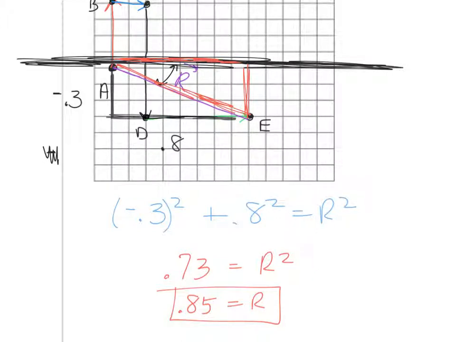Put 0.3 here, put 0.8 up here, because these triangles are identical, and calculate that angle. Or you could have just calculated this angle and say that these are the same, because these are parallel, and this is a perpendicular transversal. Either way is fine. It's up to you to decide which way you'd like.